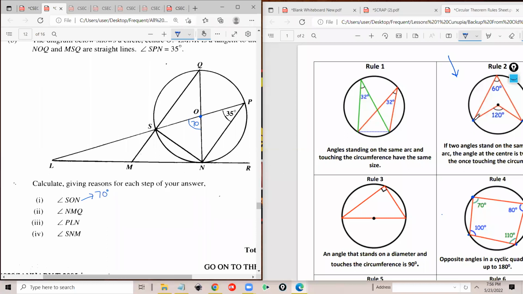You see, it wasn't straightforward like how the rules look in the book, because this line and this line are overlapping each other. But the point is, one is going to the center and one is going to the circumference. Okay. What's the other one? NMQ.